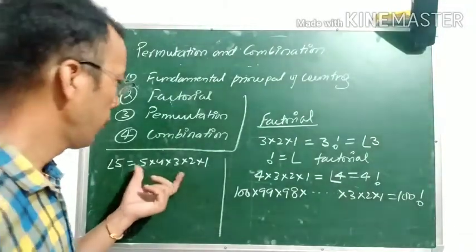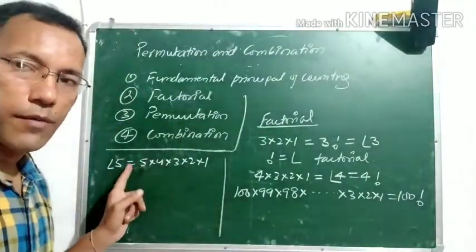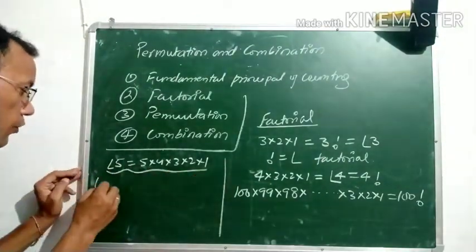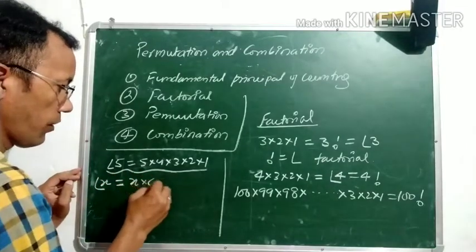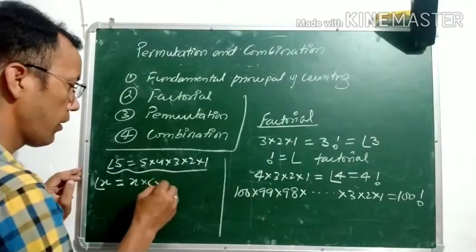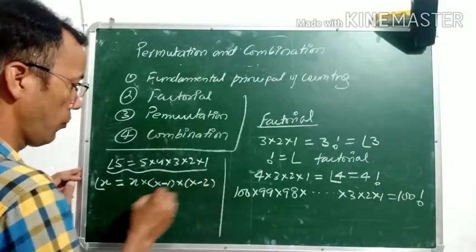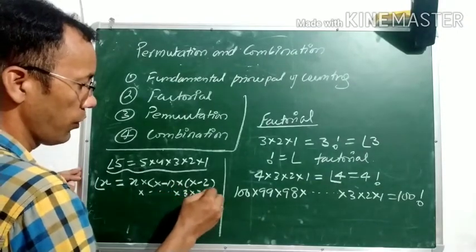If you want to write x factorial, it means x into x minus 1 into x minus 2 and so on, down to 3 into 2 into 1.